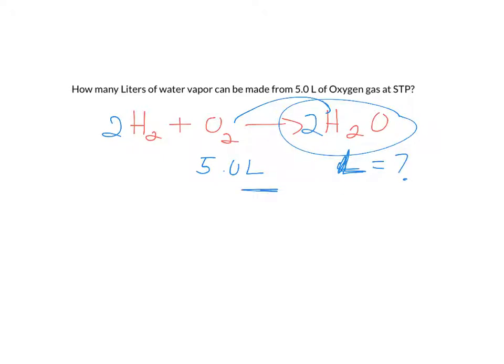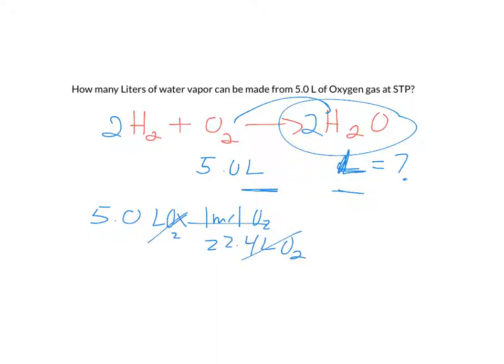So this is a liter problem, volume, because the data that they gave us is in liters and they want the answer in liters. The traditional way of doing this is that we are going to convert liters to moles. At STP, we know from the previous chapter that 1 mole of any gas at STP takes up 22.4 liters of volume.